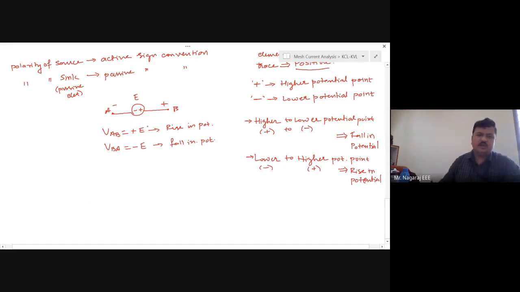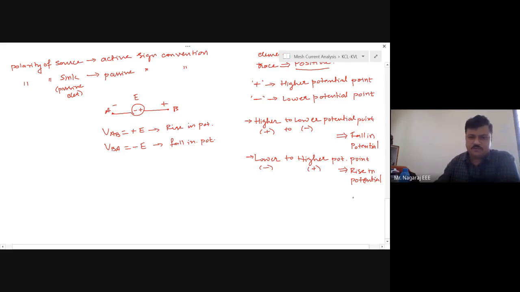When in a circuit we connect a voltage source, and if it is a DC, we always have the exact definition of higher potential point and lower potential point. The point of the source is always considered as higher potential point, and the point of the sink is always considered as lower potential point. So there is no confusion in understanding the polarity assignment across the active elements.